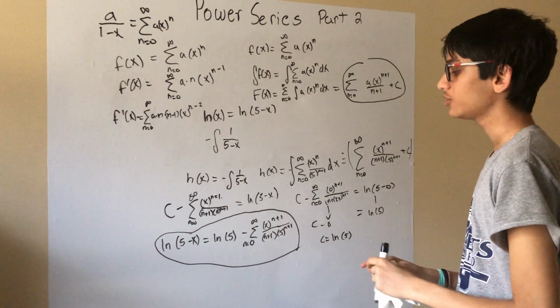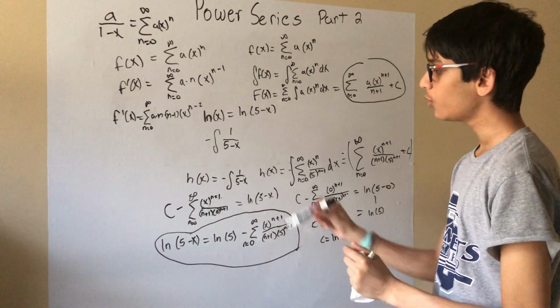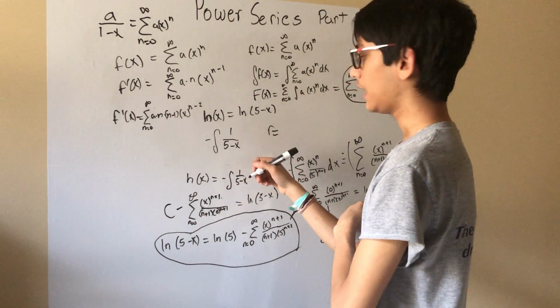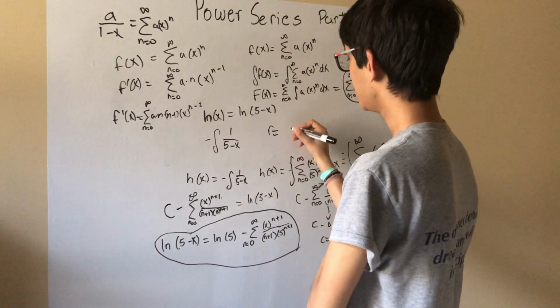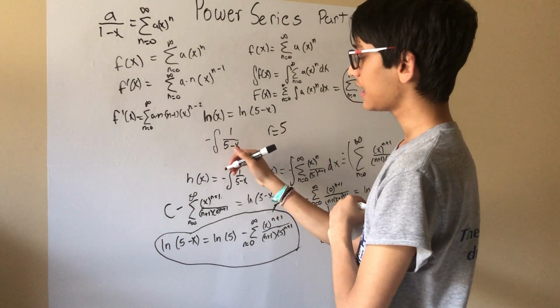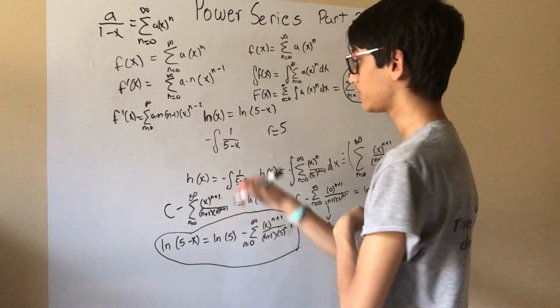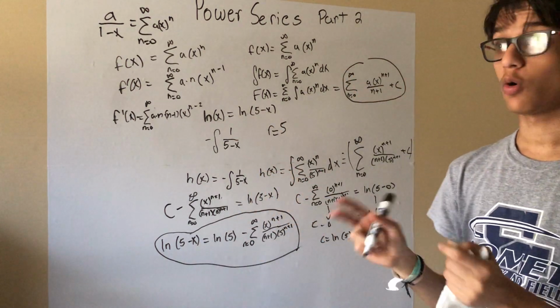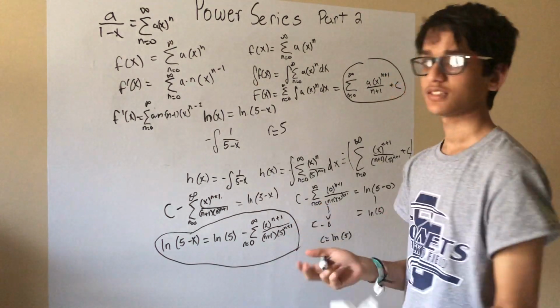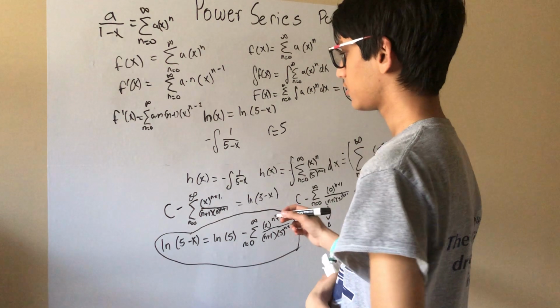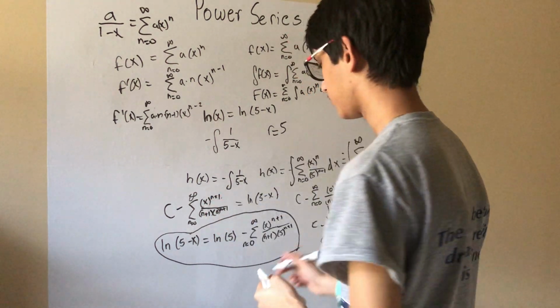Because when you're given the power series, like in this case, we know that the radius of convergence for this function right here is equal to 5. And that's the same as the radius for this function, right? So the radius and the intervals will always be the same, as well as the center, as the center does not change either. So here, let me write that down right here.